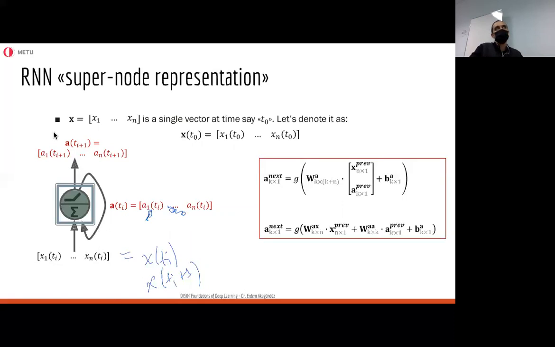I feed it, another state is created. I feed it, another state is created. So for example, if I have fed from X_ti to X_ti plus S, this is an S plus 1 sequence of X vectors. That's the idea.